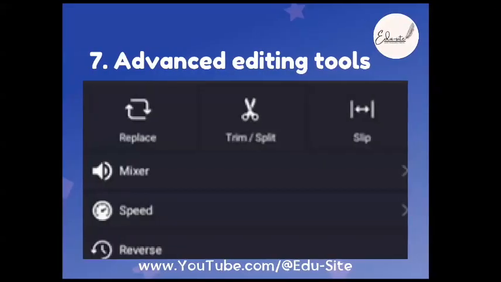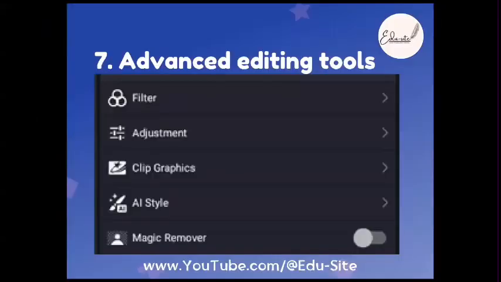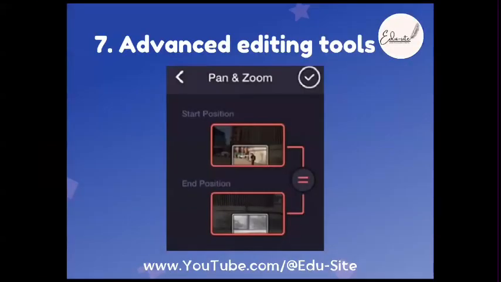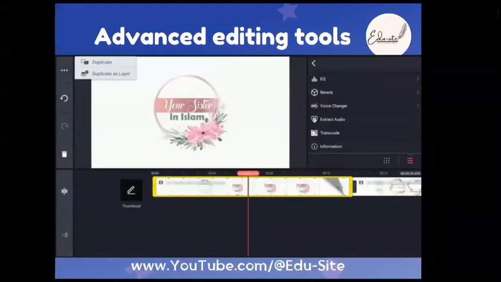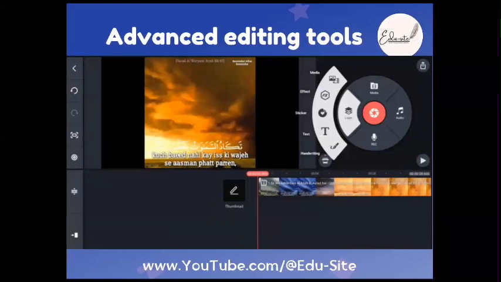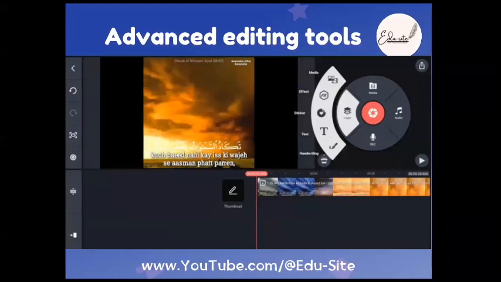The audio trimming option, the trimming and splitting of the video option, the speeding of the video options and more, right? The magic remover, the super resolution, the vignette option, the super background, the pan and zoom option, the volume envelope, the equalizer, the reverb, the extract audio and more. The duplicators layer. Please recall whatever we have studied, so that inshallah this will be beneficial throughout.